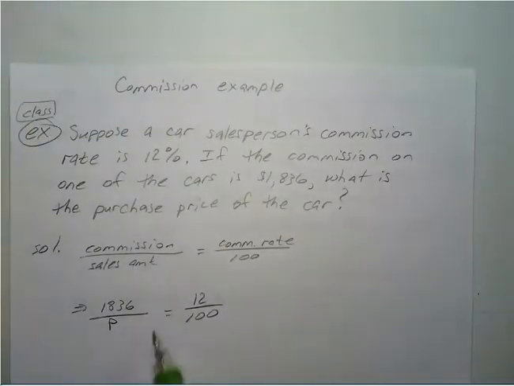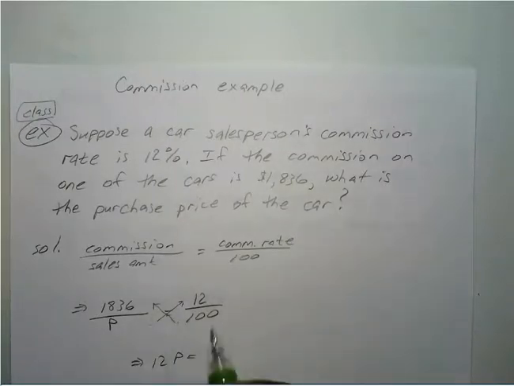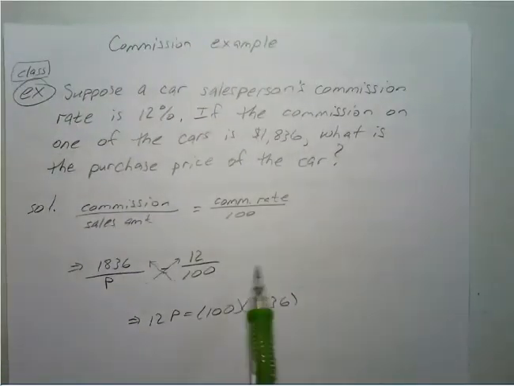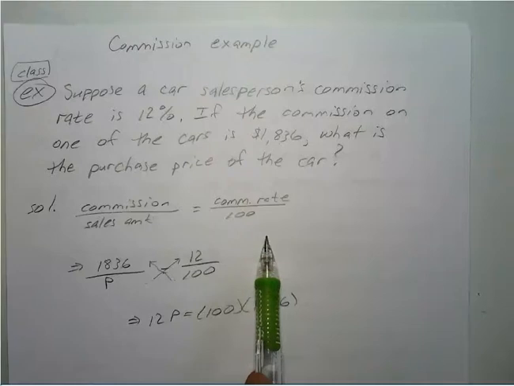All right, so we go ahead and we cross multiply. So we have 12 times P equals 100 times 1,836. All right, so 100 times 1,836 is 183,600.